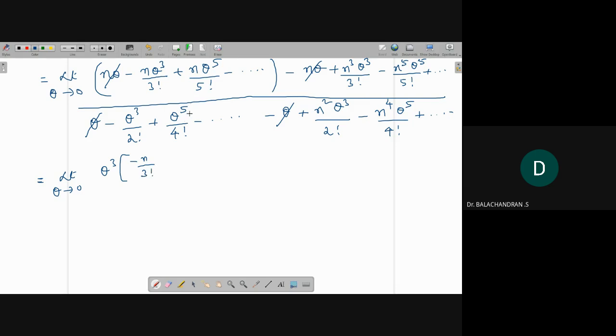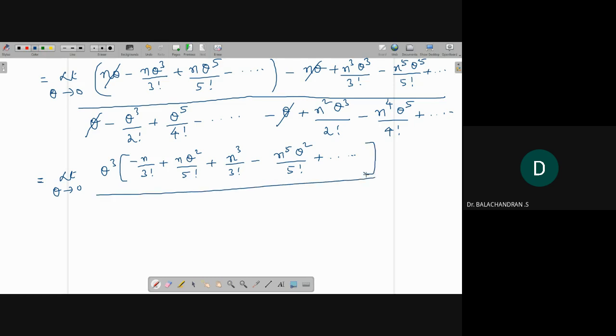Here, plus n power 5 theta square by 5 factorial. Here theta cube by 2 commonly, remaining is what? N cube by 3 factorial. And then plus or minus higher powers of theta.